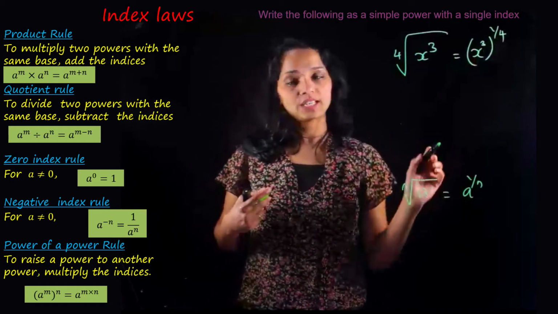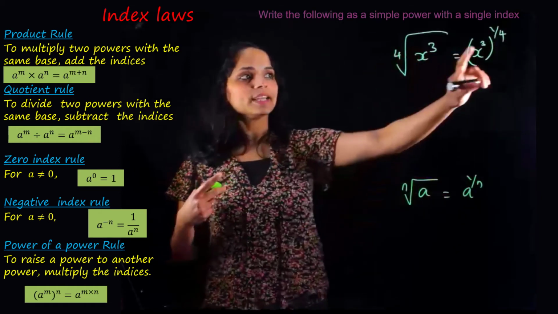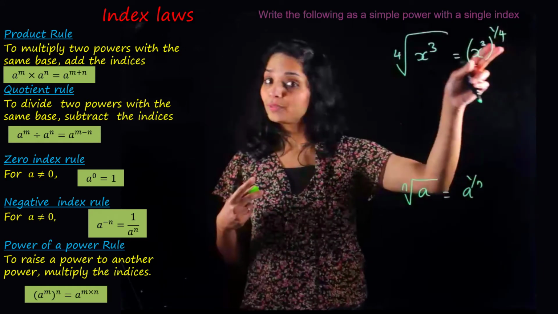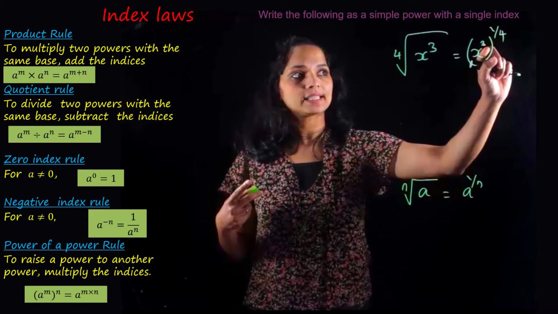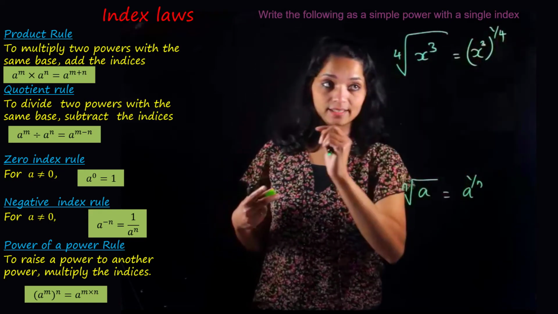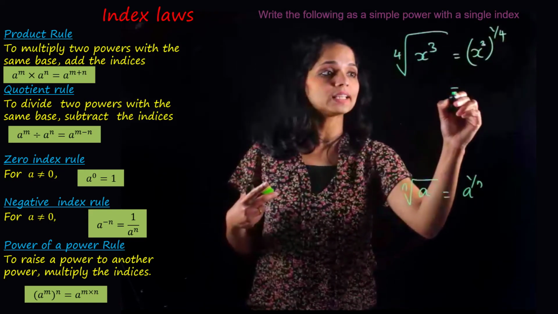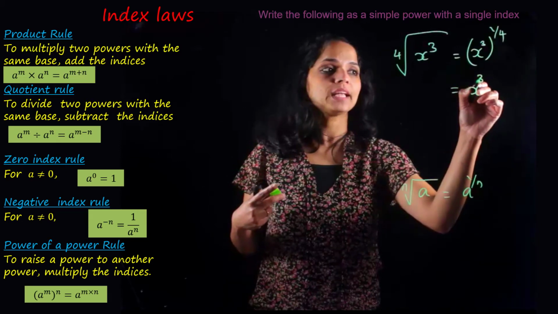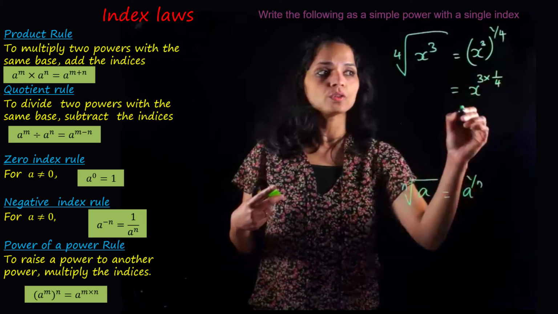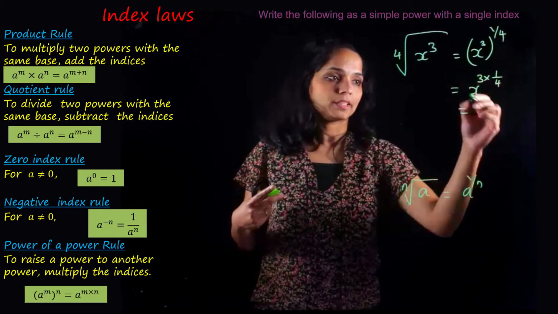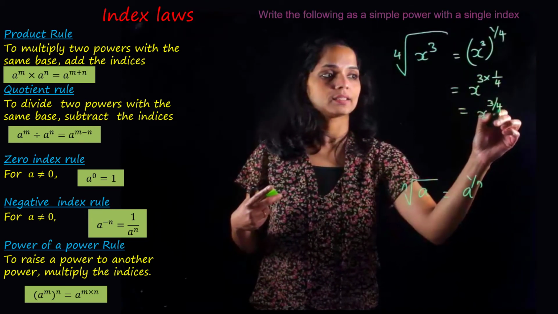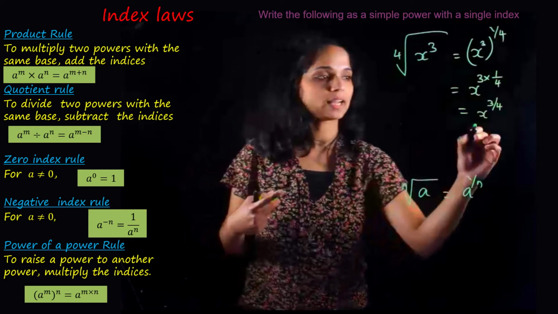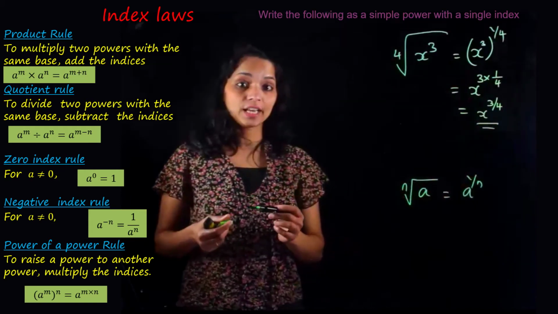Now we apply the power of a power rule: a to the power m, to the power n, is a to the power m times n. So that's x to the power 3 times 1 on 4. Multiply the numerators together: 3 times 1 is 3, and then the denominator. So the answer is x to the power 3 on 4.